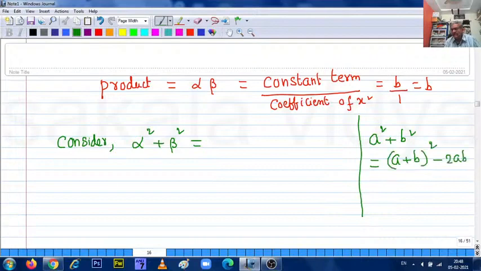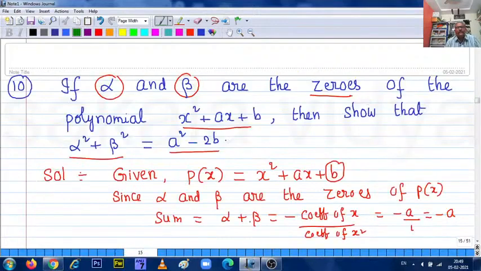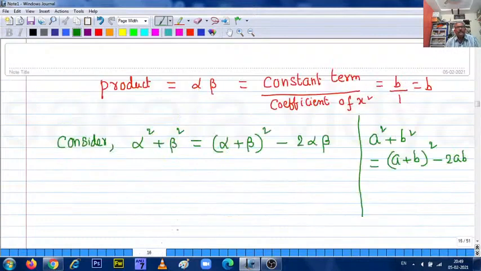This is an algebraic formula. So alpha square plus beta square, we can write alpha plus beta whole square minus 2 alpha beta. Let us substitute. Go back. Alpha plus beta is equal to minus a. Alpha beta is equal to b.